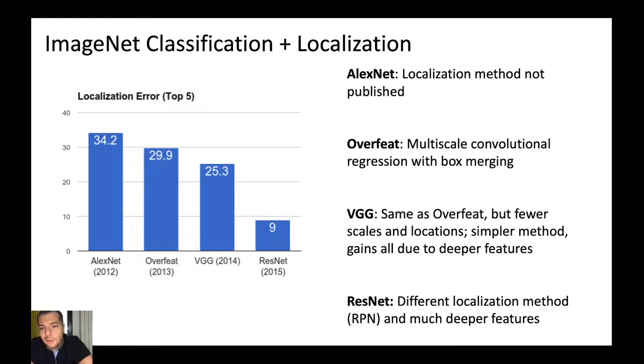Here the error is a bit higher than in the classification task, because we also have to predict the correct location of the object. So we have to predict the correct class, and also the location has to overlap with the ground truth. So the error is naturally a bit higher than just doing classification.